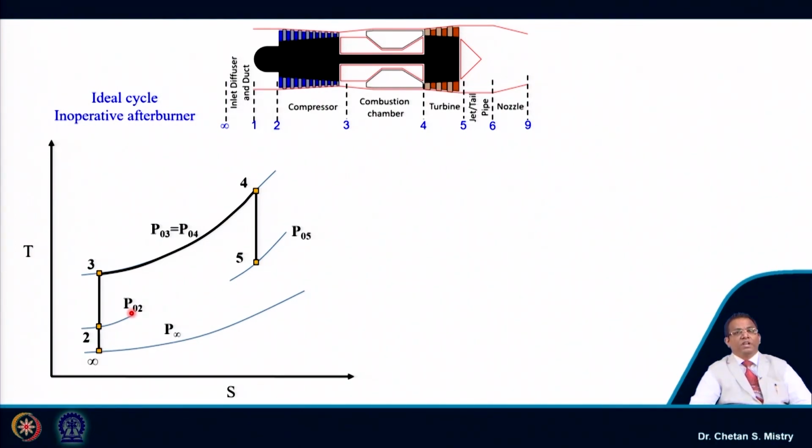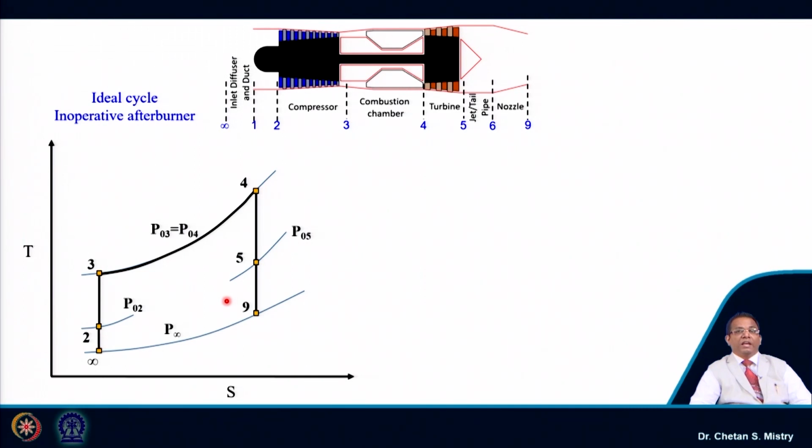Now, after pressure P05, the gas expands inside the nozzle, and that process is represented from P05 to atmospheric pressure. So, this makes a cycle.